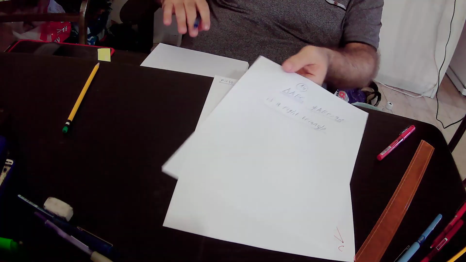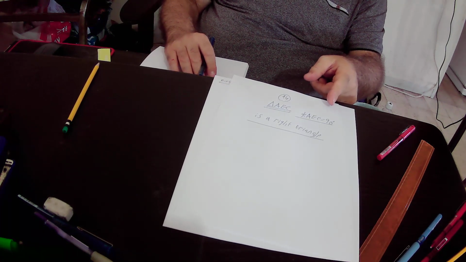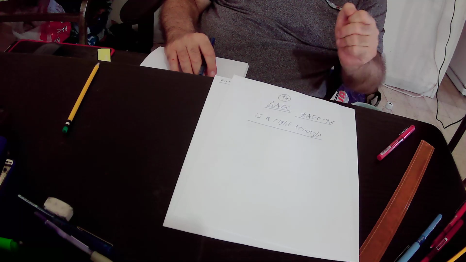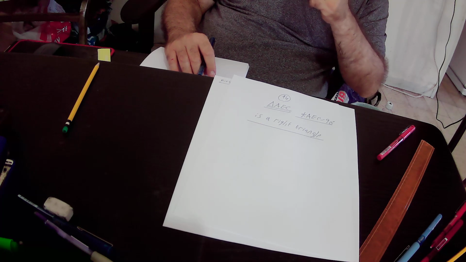Again, in triangle AEC we have one angle that equals 90 degrees, that is to say, angle AEC equals 90 degrees. Therefore, triangle AEC is a right triangle.